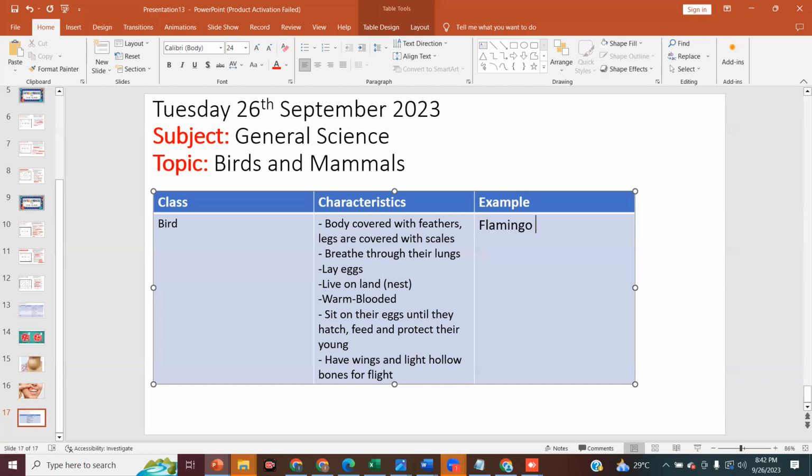All right, so examples are gonna be what? Flamingo, pigeon, turkey, what everybody loves to eat, robin, and ducks. So those are gonna be the birds. Wouldn't chicken be included with that? But they say chicken can't fly though. All right, it's still a bird.